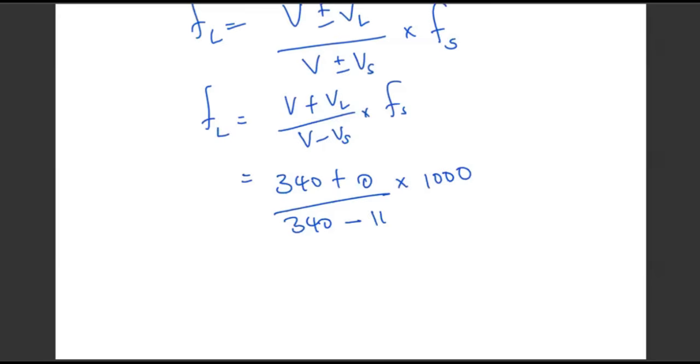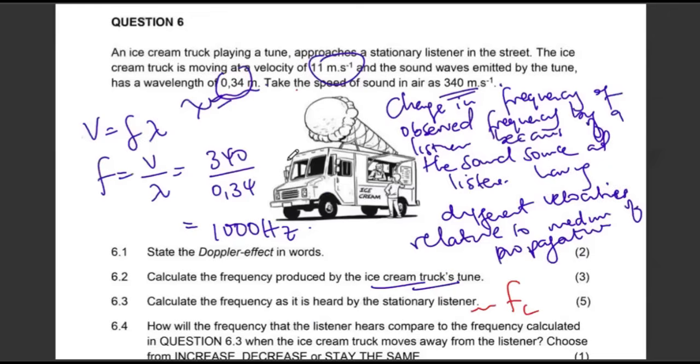When we punch this into the calculator, 340 over 340 minus 11, multiplied by 1,000, that gives me 1033.43 hertz. Meaning that the listener will get a bigger frequency value compared to what was emitted.